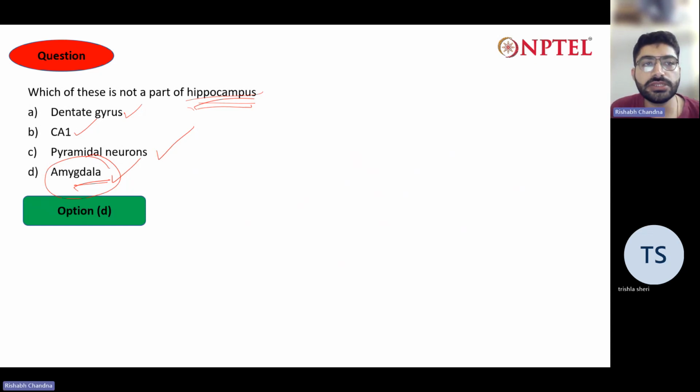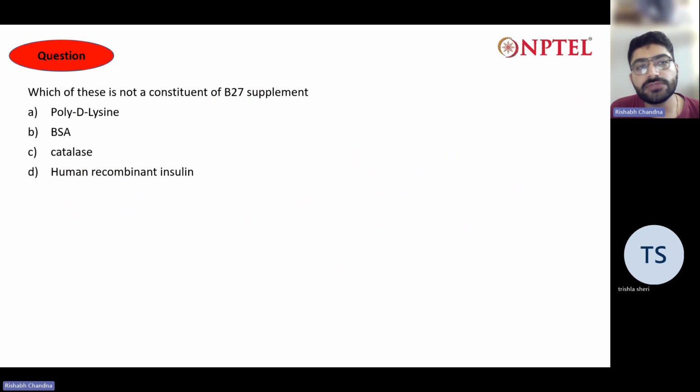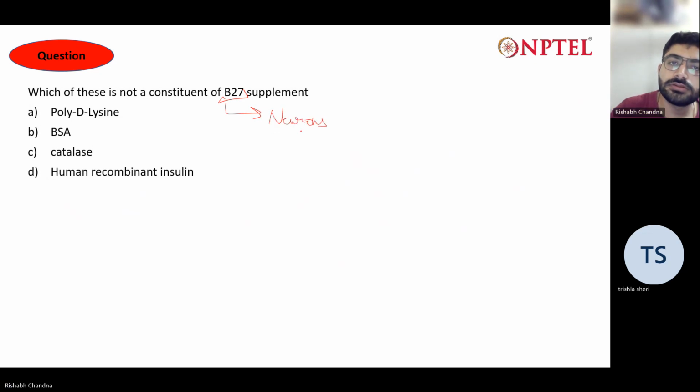Now let's move on to the next question. Which of these is not a constituent of B27 supplement? B27 supplement is basically used for culturing neurons. When we are culturing neurons, we need a defined system.